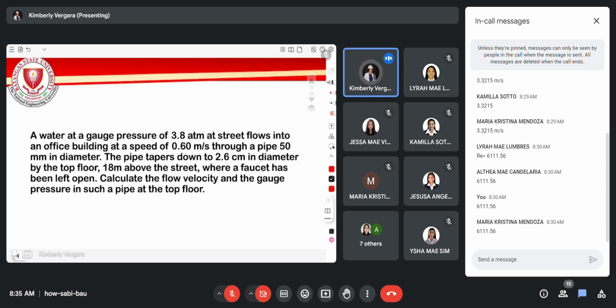When it says through a pipe 50 millimeters, it is automatically the diameter, unless stated as radius. The pipe tapers down to 2.6 centimeters in diameter by the top floor, 18 meters above the street, where a faucet has been left open. Calculate the flow velocity and the gauge pressure in the pipe at the top floor.